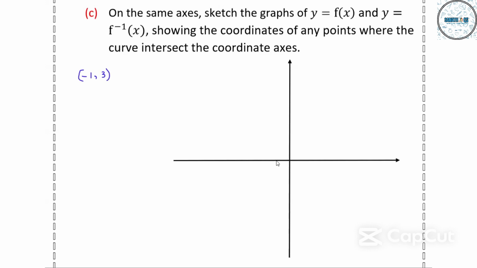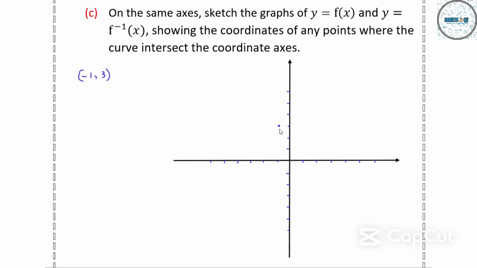We have here -1 to -6, 1 to 6 on both axes. -1, 3 is over here.